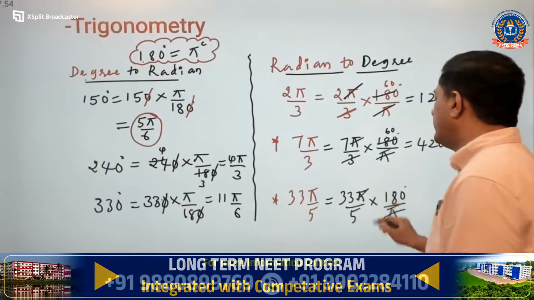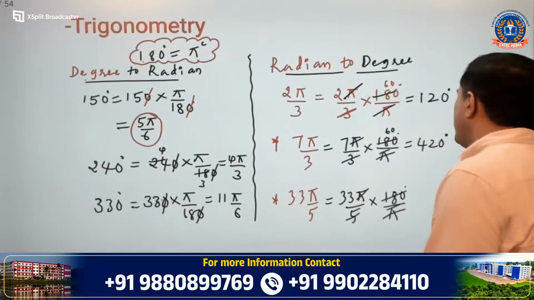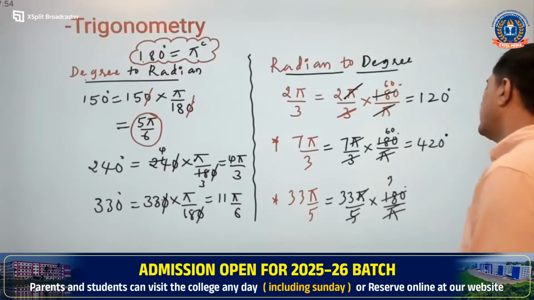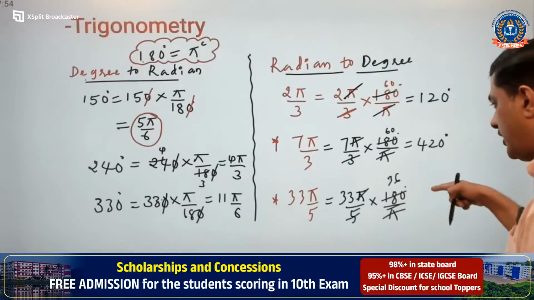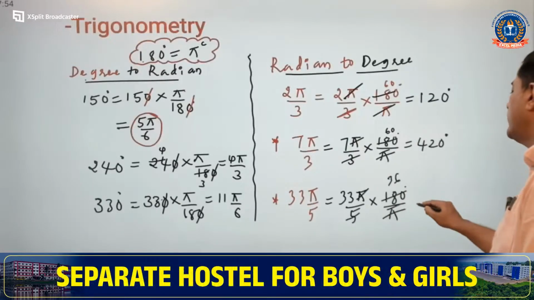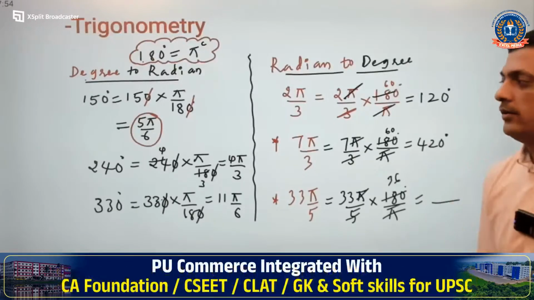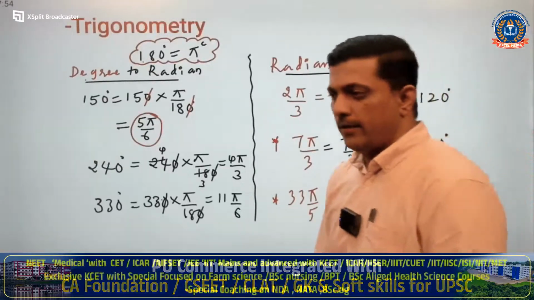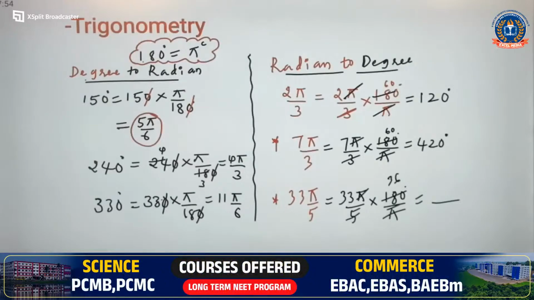Pi gets cancelled. Let's multiply this. 5 ones are 5, 5 threes are 15, left out 30, 5 6s are 30. So left out 36 into 33. Just write your answer here. Do it. Very nice, yes, it's absolutely correct.